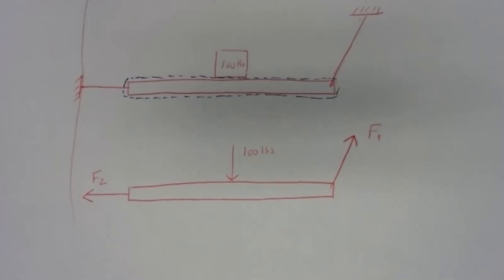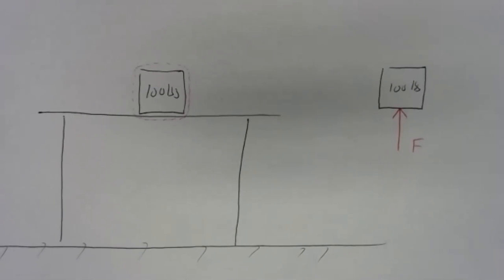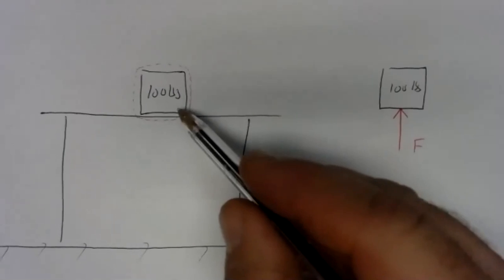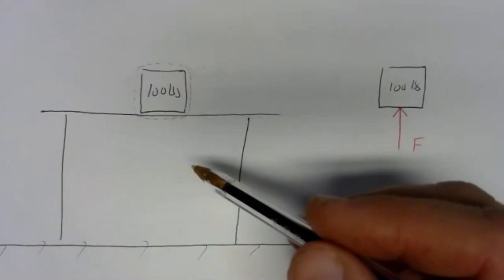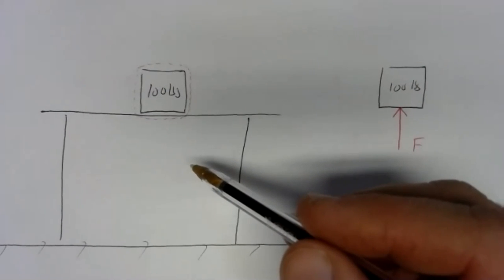Now, there's one exception. There's something that's often hidden that you can't see touching the boundary or crossing the boundary. Let's go back to our simple box on the table here. That box is labeled with 100 pounds. That means that it weighs 100 pounds.